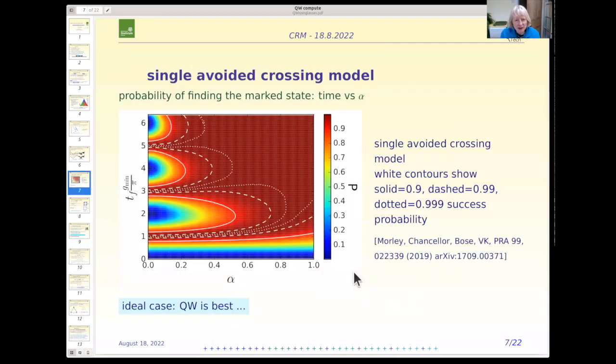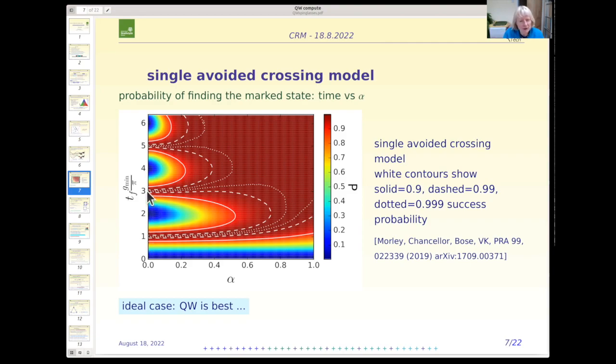So this we saw yesterday. This is continuous time quantum search. So the quantum walk is here. If you look at the graph up this line on this axis, you can see nice sinusoidal oscillations that give you maximum probability of finding the marked state perfectly.